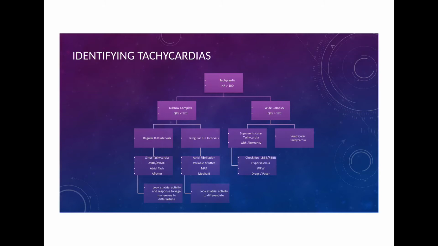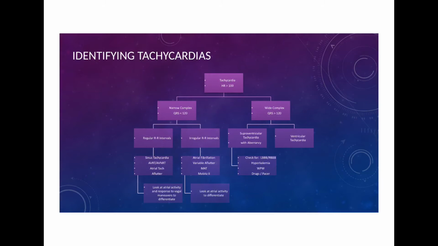And by narrow, we're talking about less than 3 little boxes wide on a standard calibration. And it's wide if it's more than that. If it's narrow, you automatically know that the source of the rhythm is coming from above the ventricles. And in that case, the next question to ask yourself is, does it look regular or irregular? Do the R waves, the distance between the R waves, seem to be consistent, or is it variable?